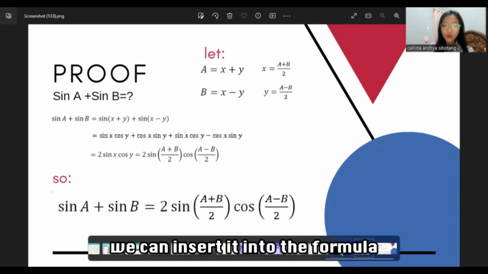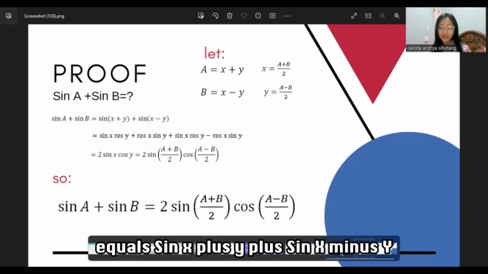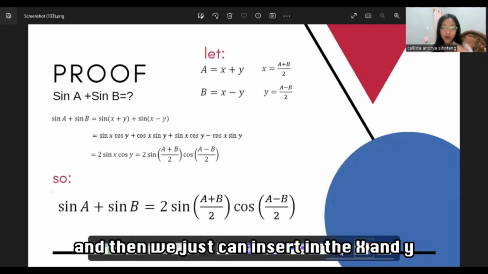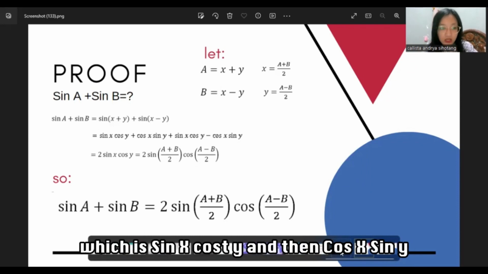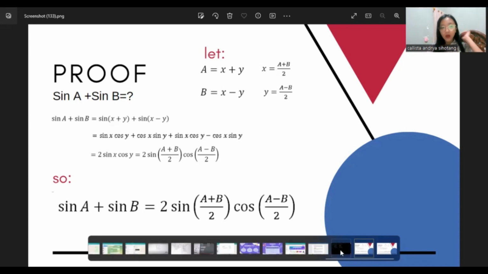After we know a plus b and a minus b, we can insert them into the formula: sin a plus sin b equals sin (x plus y) plus sin (x minus y). Expanding, we get sin x cos y plus cos x sin y, and then sin x cos y minus cos x sin y.